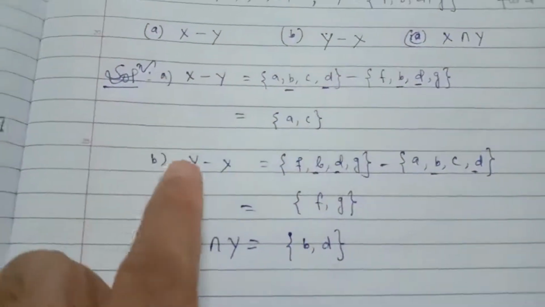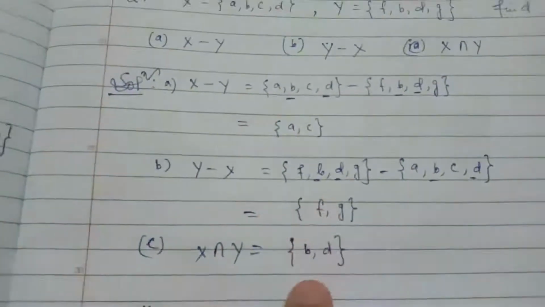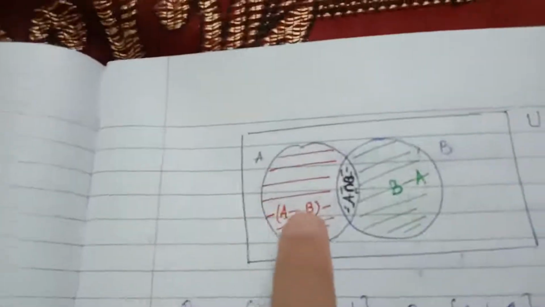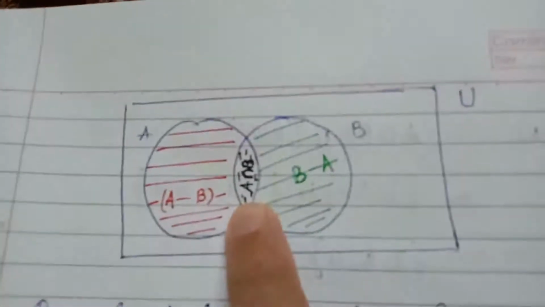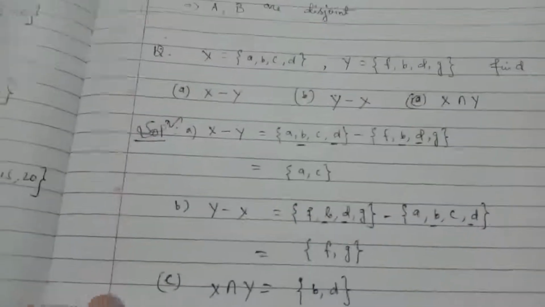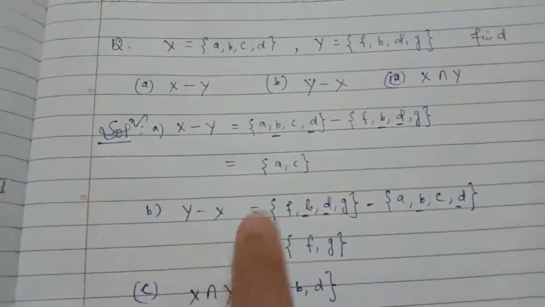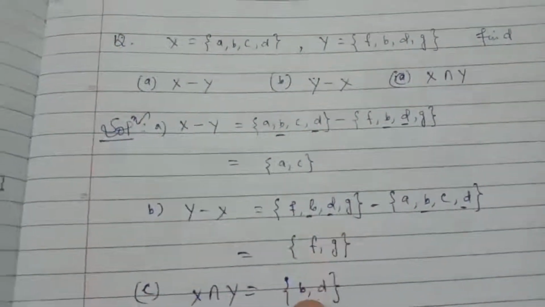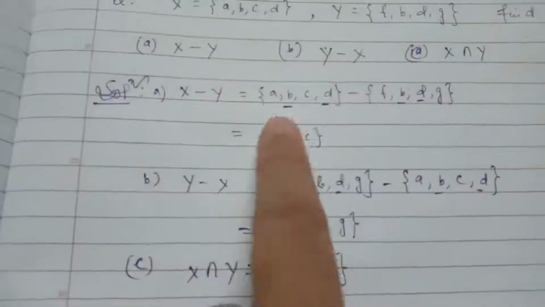X minus Y, Y minus X, X intersection Y are disjoint sets. We already got A minus B, B minus A, A intersection B. These are disjoint sets. Here also you can see X minus Y, Y minus X: ac, fg, bd. Nothing is common between these three sets. So they are disjoint sets.